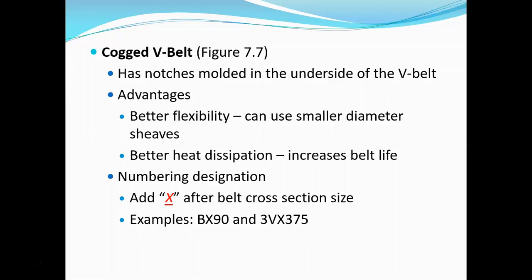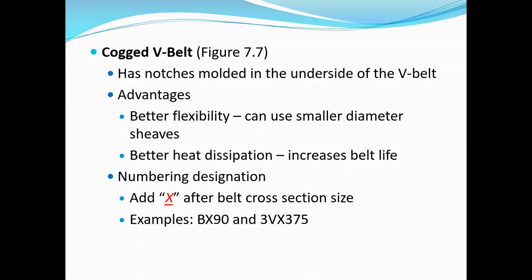These notches help with better flexibility, so you can use a smaller sheave. The belt can actually bend a tighter radius, and they dissipate the heat because you've got more open section because of that notch there. You've got more open section, and the heat will dissipate faster. So they're a good application.